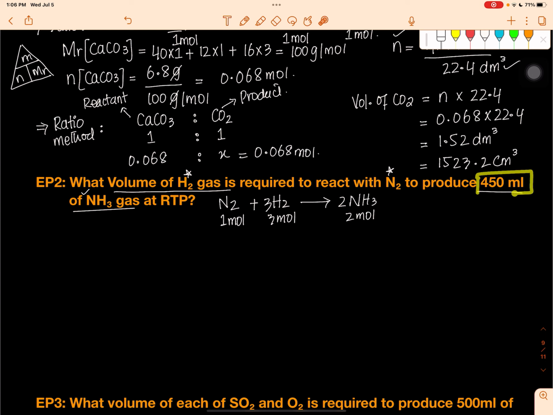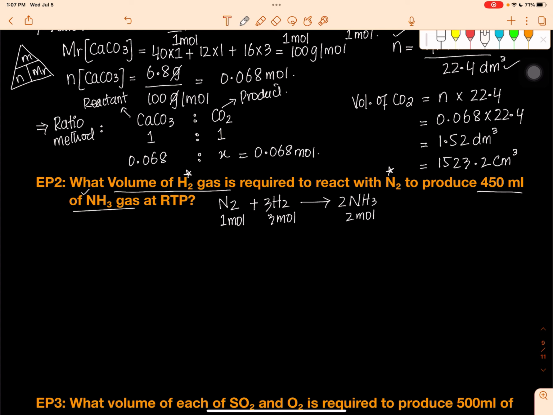The equation doesn't work in mLs or grams, they are in moles. So first we need to convert this into moles, to find out what number of moles of ammonia is required to be produced, and then what amount or volume of hydrogen gas is required. So we will be moving in reverse order.